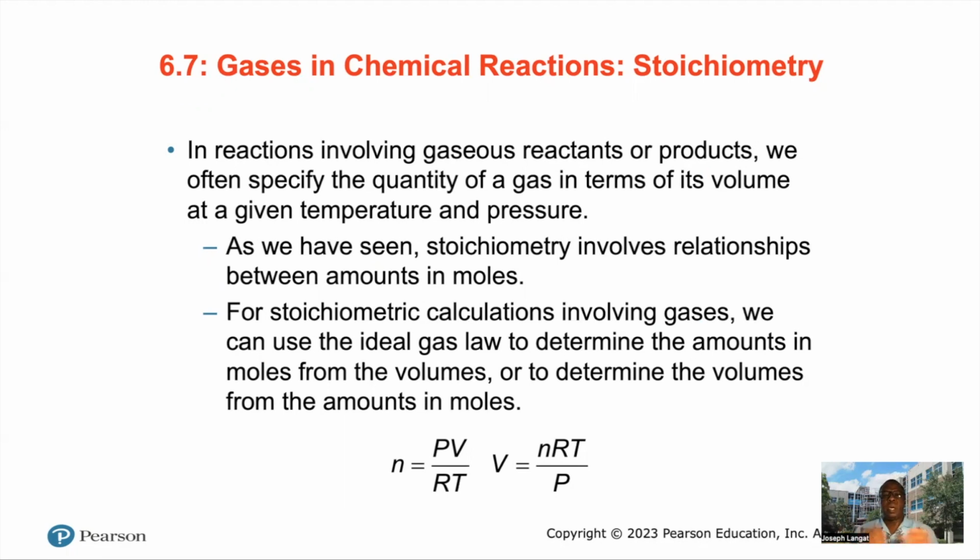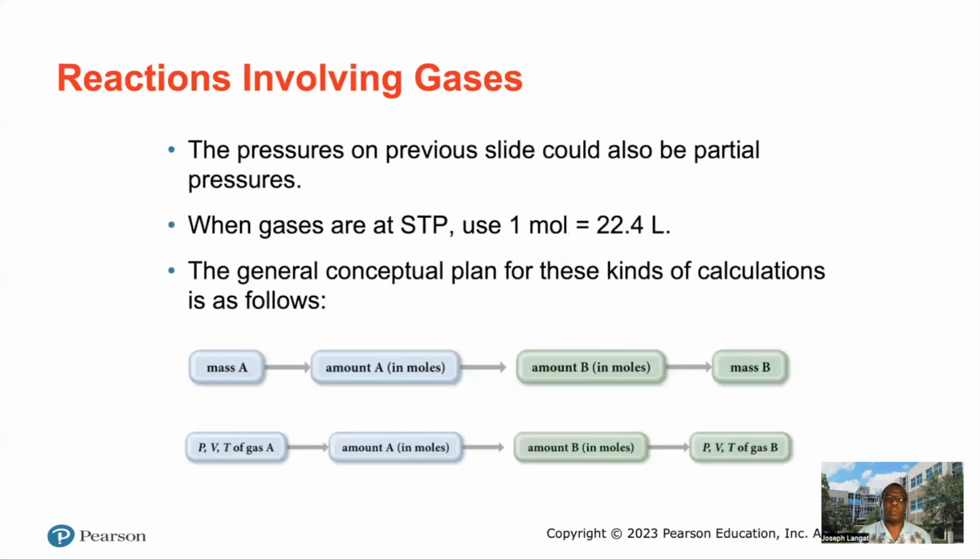At the outset, for stoichiometric purposes, to get the number of moles, use PV over RT, rearranging the ideal gas equation. Or the volume could be obtained from the number of moles times the universal gas constant times temperature over the pressure. We can either find the moles or find the volume.